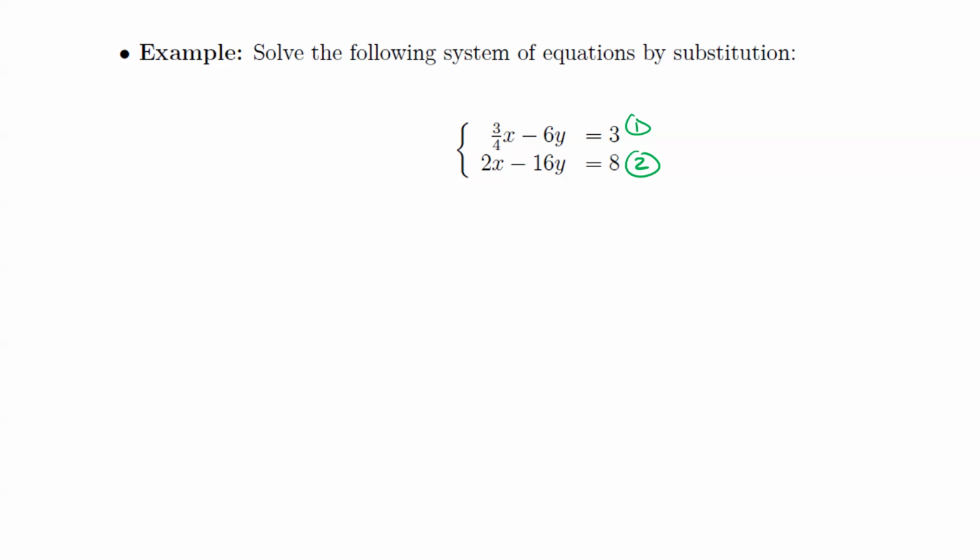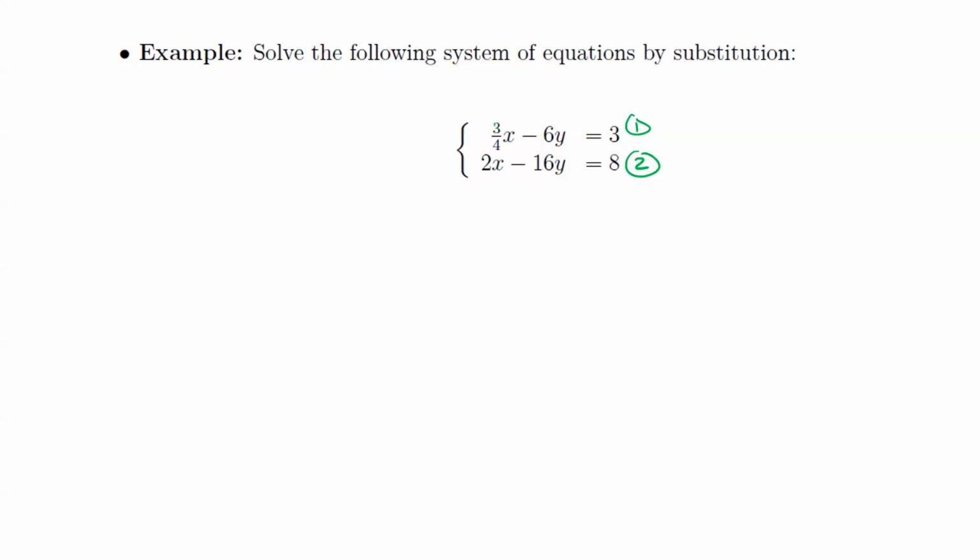Just make sure that you try to isolate the variable that has a coefficient that makes it as easy as possible to get it by itself. So here's what we mean. In the end, if you are getting one of these variables by itself, the last step is going to be to divide by whatever coefficient is in front of that variable.